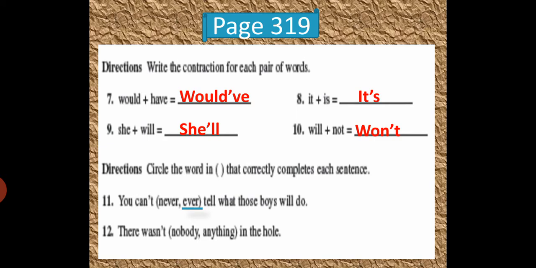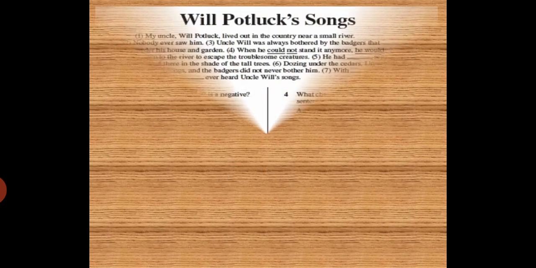Number 12. There wasn't nobody, anything, in the whole. I have here only one negative word, wasn't. Can you see it? Wasn't. So I have to choose a positive word, nobody or anything. Which one is a positive word? Of course, it's gonna be anything. Another exercise.